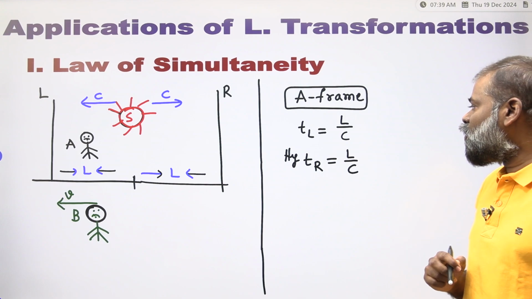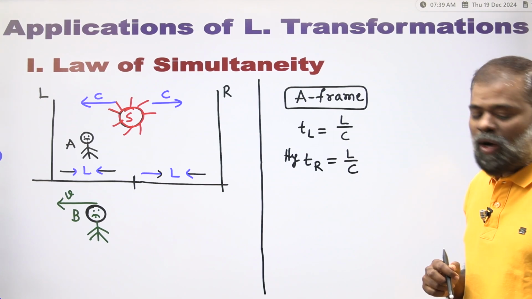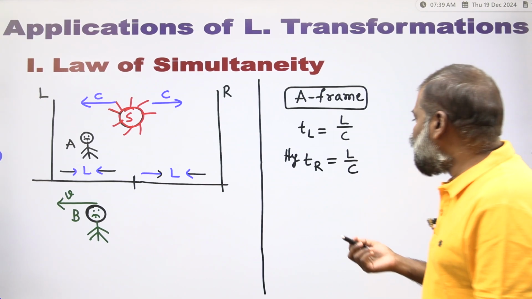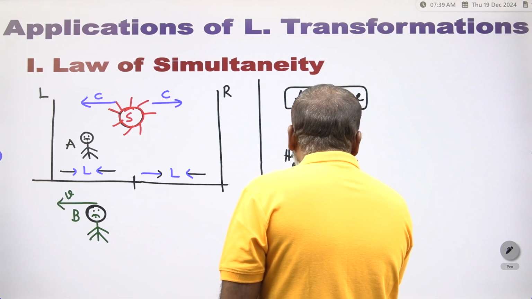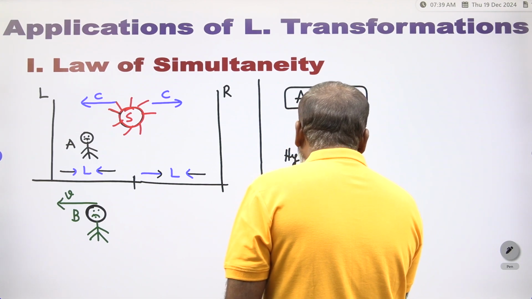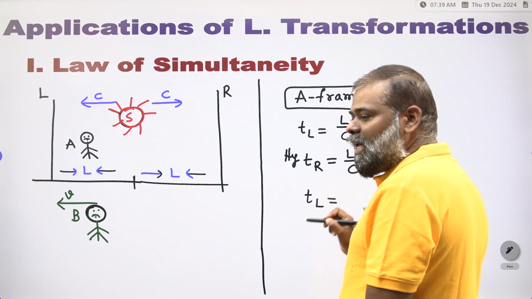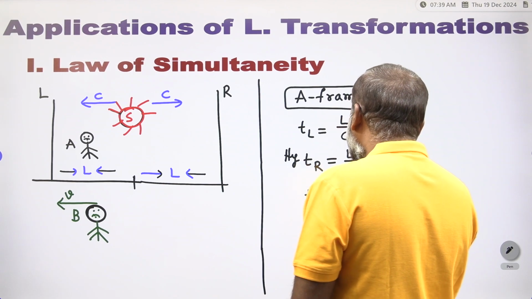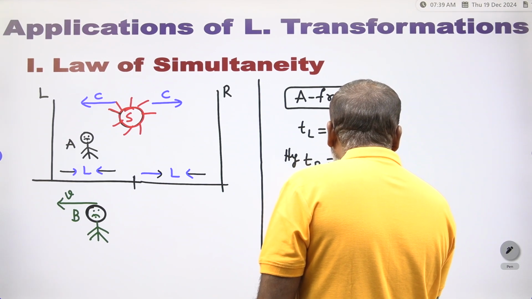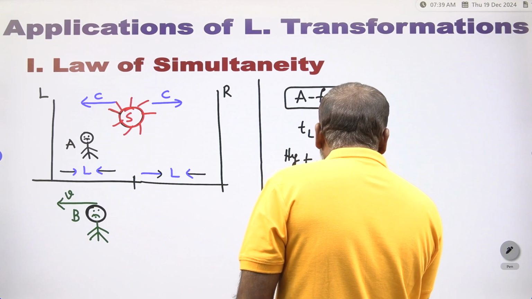So T_L is equal to T_R, equal to L by c. Therefore the left side time taken by the particle is equal to the right side time taken: T_L = T_R.